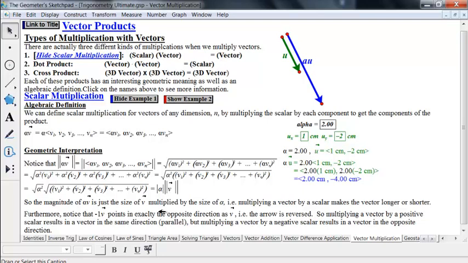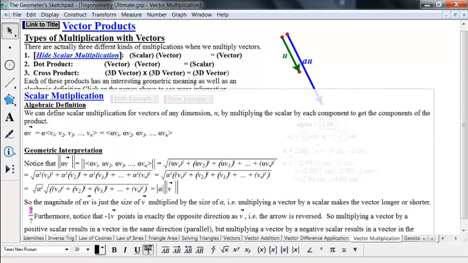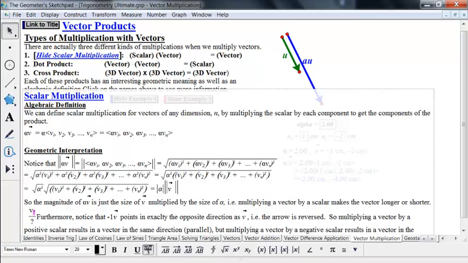If we go back and look at the angle, if you just think in two dimensions, we take v sub y over v sub x.